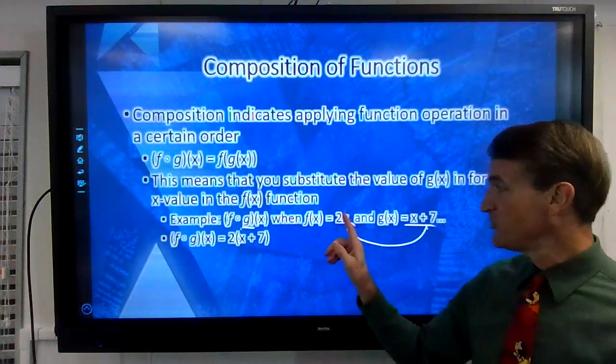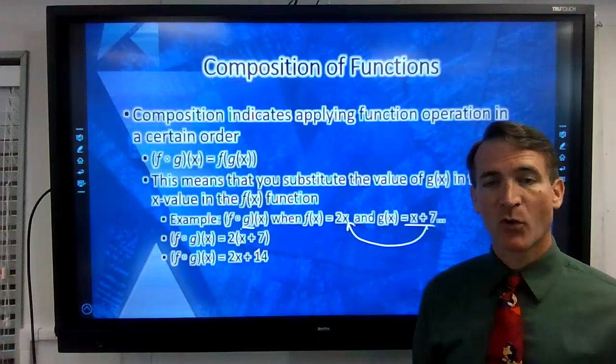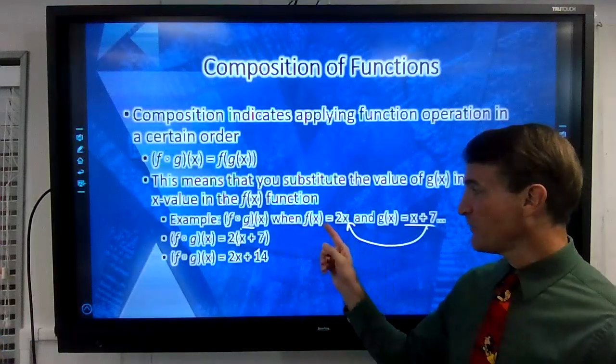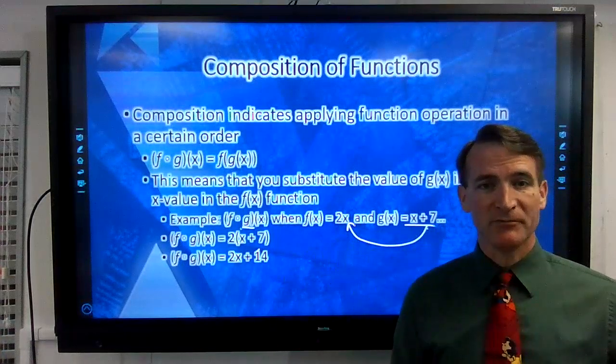That would give me 2 times the quantity x plus 7. And of course, 2 times x plus 7, if I distribute, gives me 2x plus 14. So my composed function is 2x plus 14 if f of x is equal to 2x and g of x is equal to x plus 7.